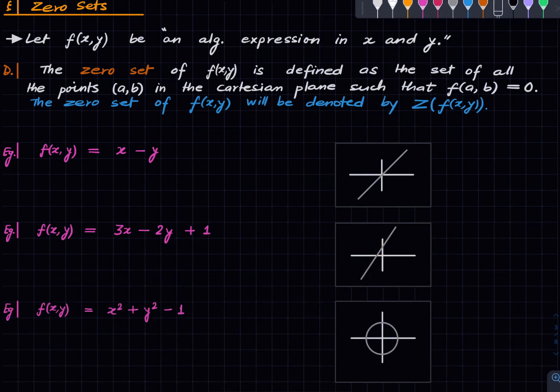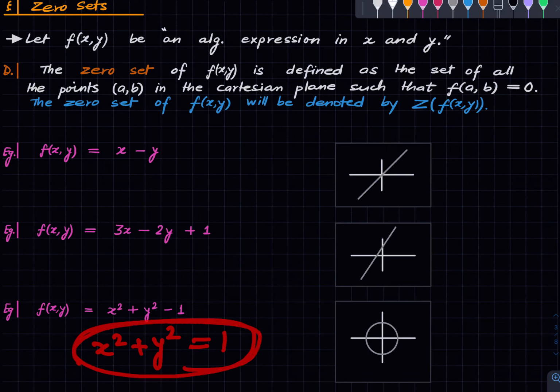Here is another example. We have something that is degree 2. So here the exponents are there. And if you look at the zero set of this, what you're asking is, for what points (x, y) does this happen?